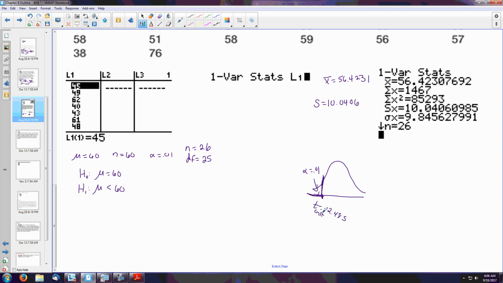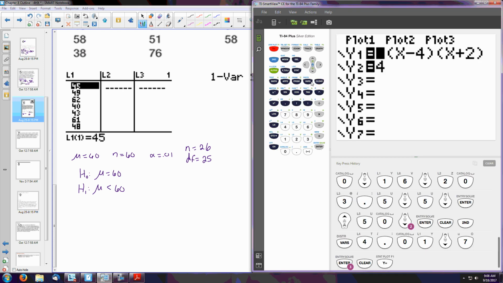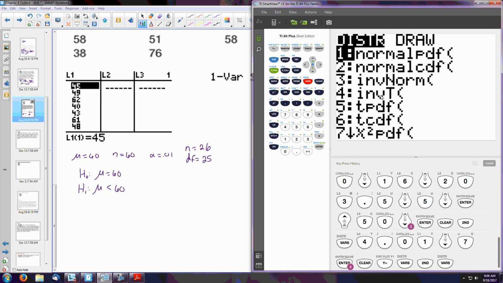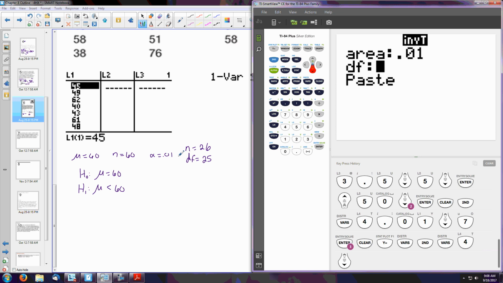Another option you have to find that critical value is, if you prefer, to use your graphing calculator. Under your distribution menu, you see we have inverse t. Tell it the area to the left, in this case 0.01, since it's on the left side, and how many degrees of freedom we have. In this case, we have 25 degrees of freedom.